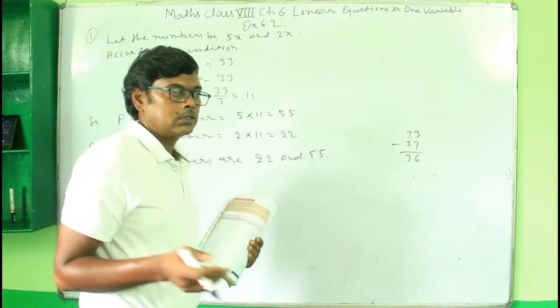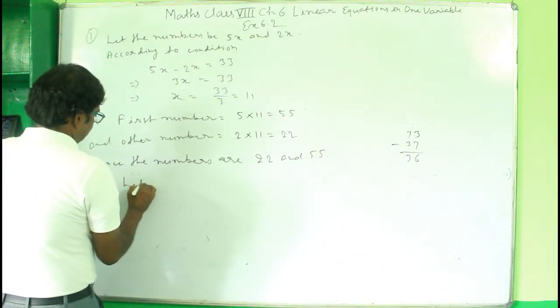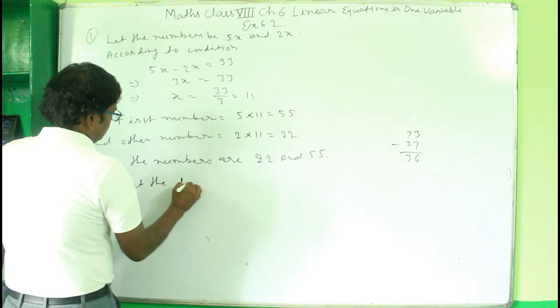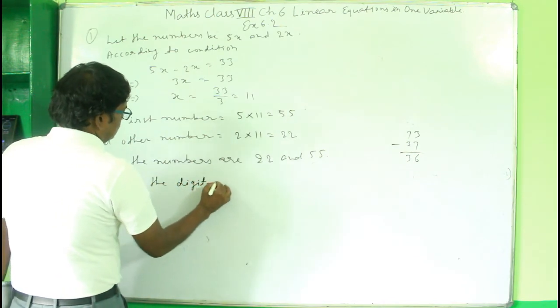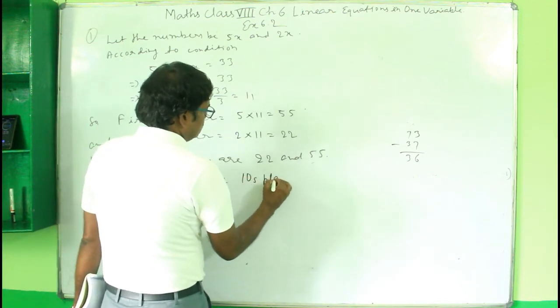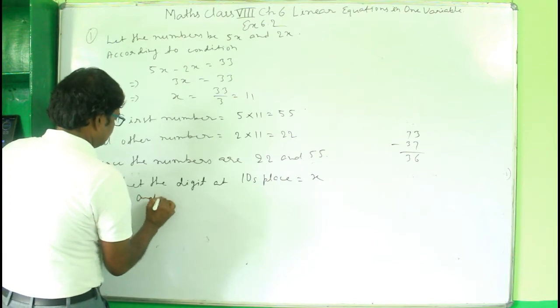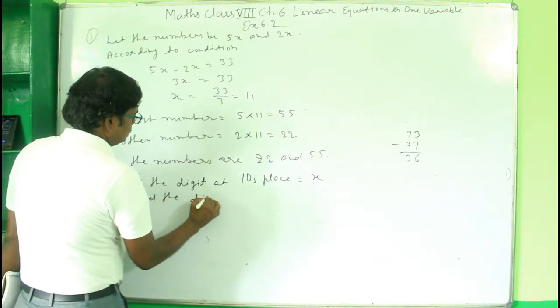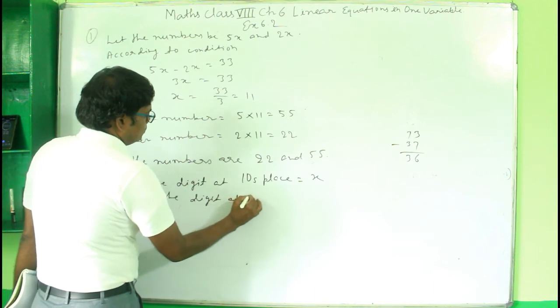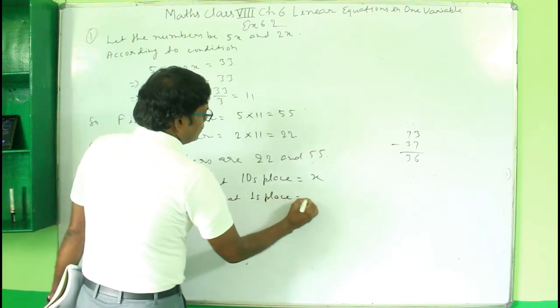Okay, so similarly you are also given the sum. So first suppose the digits. Let the digit at the tens place equal x, and at the ones place equal to how much?